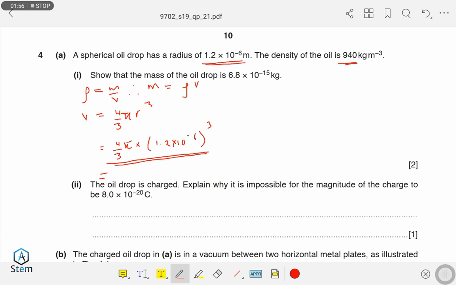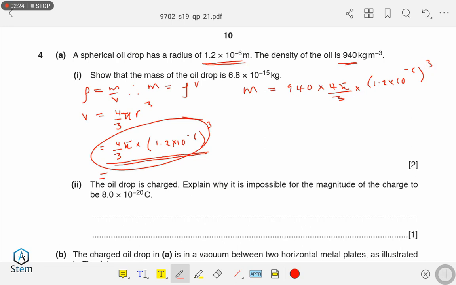So we will take this expression as it is, and we say mass is equal to density, which is 940, multiplied by 4 pi over 3 times 1.2 times 10 to the power minus 6 cubed.